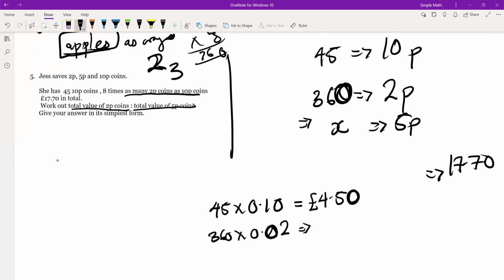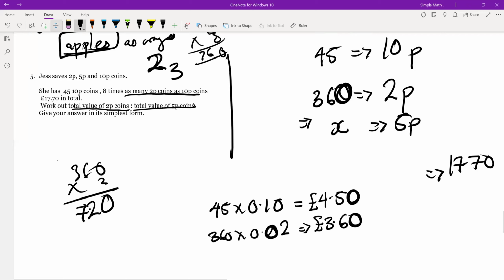Normally 36 times 2 will be 72. Okay, because 360 times 2 is 720. Oh, sorry, that'll be 7.20.